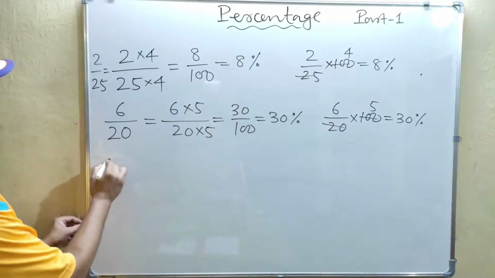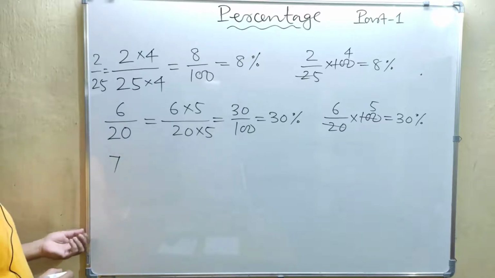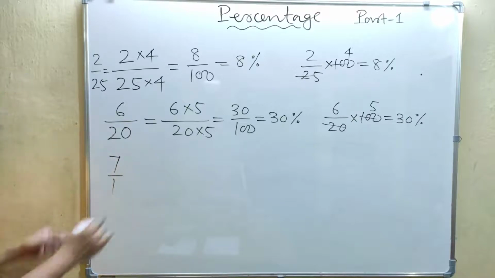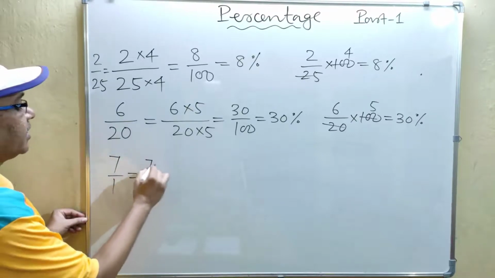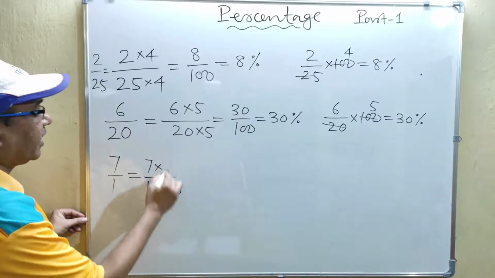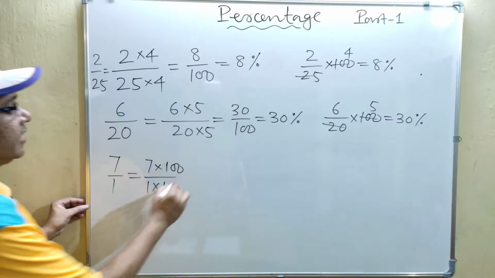See, only 7, question is convert it into percent. 7 is also a fraction. It is 7 by 1. If you want to convert it into percent, you have to bring denominator 100, and for that multiply numerator and denominator by 100.